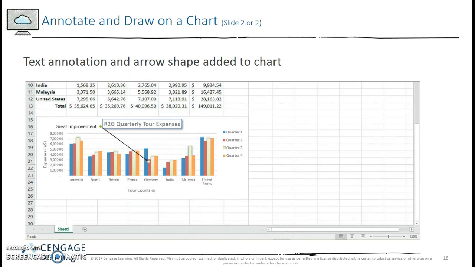Text annotation and arrow shapes are added to the chart. Here, this is something they feel is very important to the data on the chart. So they have put up here, great improvement, that's an annotation, and they've also drawn an arrow from one point to another to represent something they want the people viewing the chart to see.